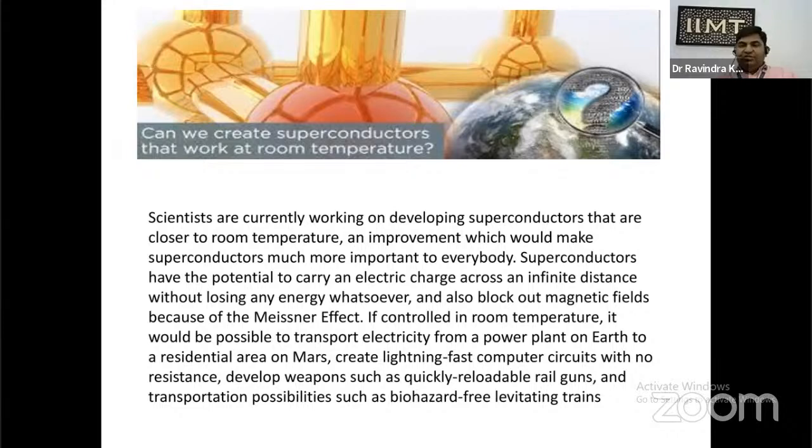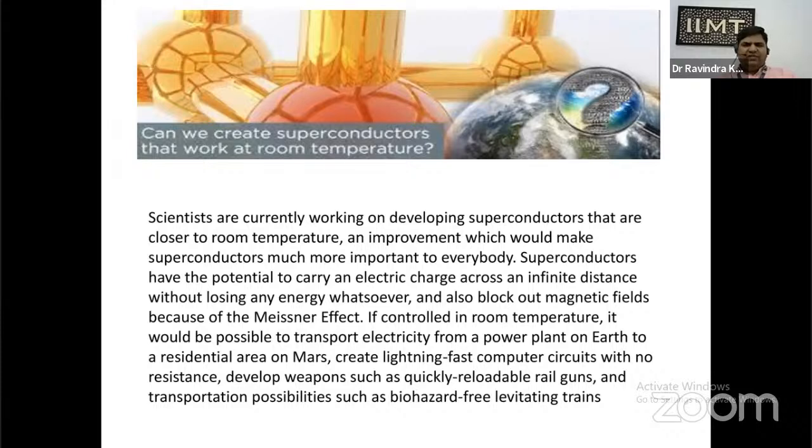You will get superconducting wires, chips, and motors which can improve your life and be helpful for society, making superconductors more important every day. Superconductors have the potential to carry an electric charge across an infinite distance without losing anything whatsoever.